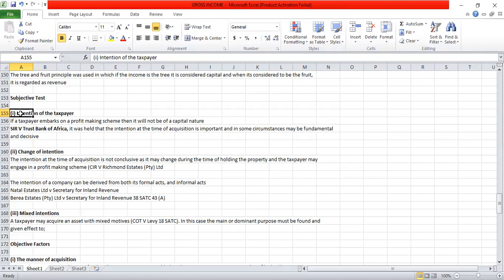So they look at your intention when you bought the asset. So that can be one of the factors. If you can see here, it's not saying that's the decisive factor. They said in some circumstances it may be fundamental and decisive. So in some circumstances we can use the intention of the taxpayer.